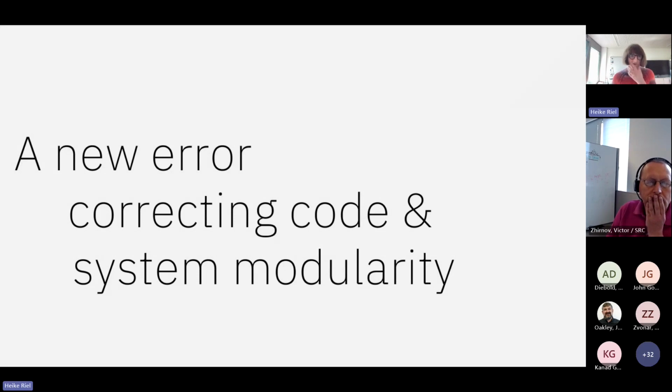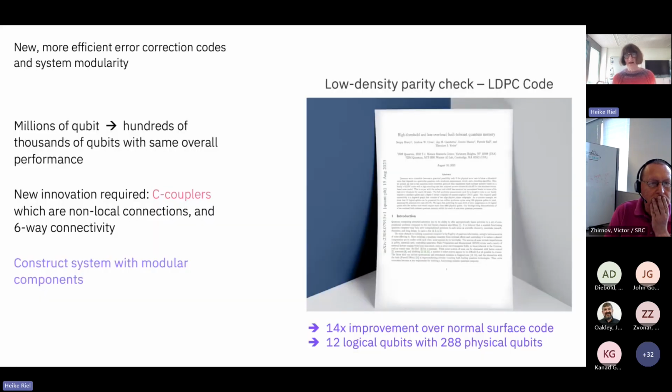There's also a lot of research on error correction codes to reduce the overhead which is needed for correcting errors. This is a paper which has been recently published by us, which demonstrated a 14 times improvement over the normal surface code so far, which means that for 280 physical qubits, you can build 12 logical qubits.